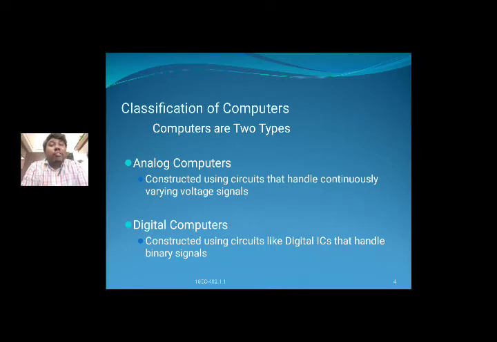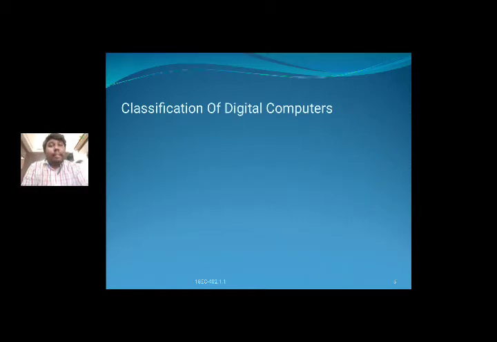For designing computers, the student must know the concepts of digital electronics. Digital computers are constructed using digital ICs that handle binary signals.